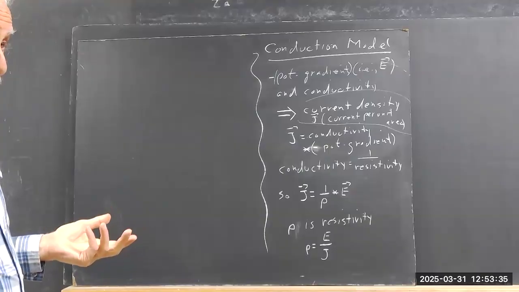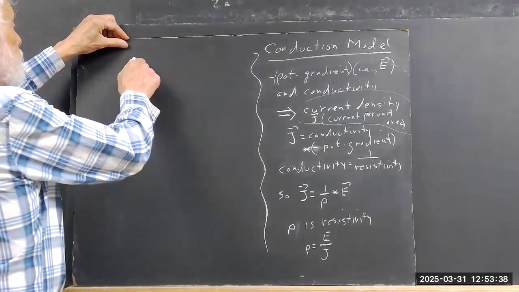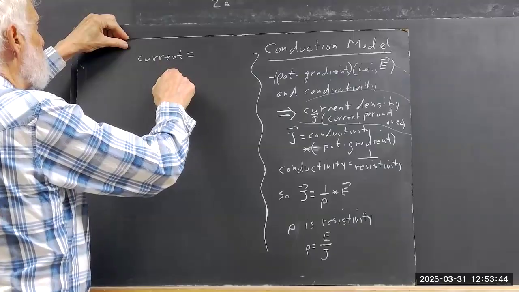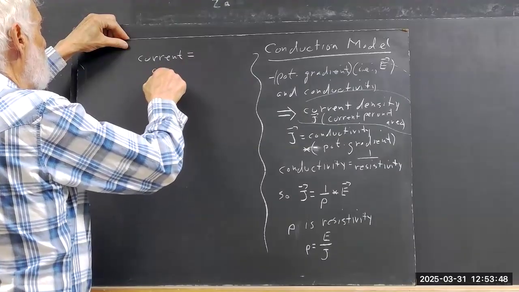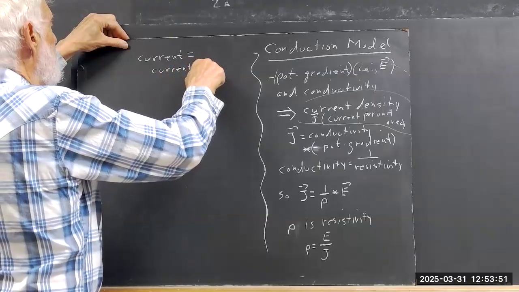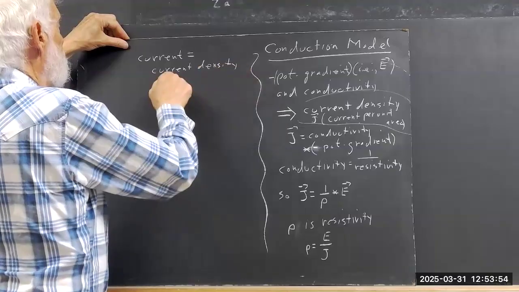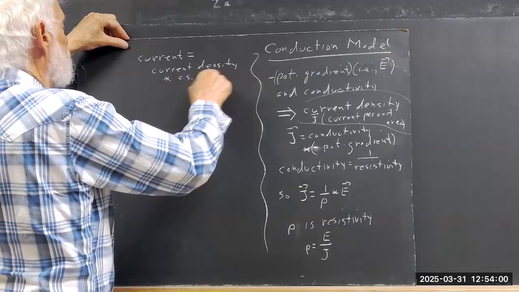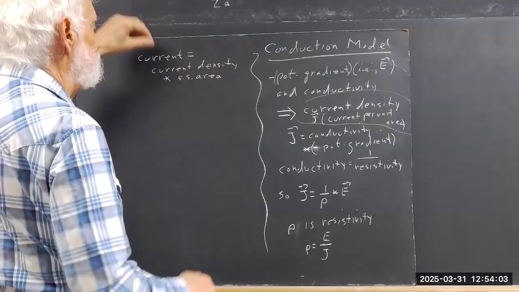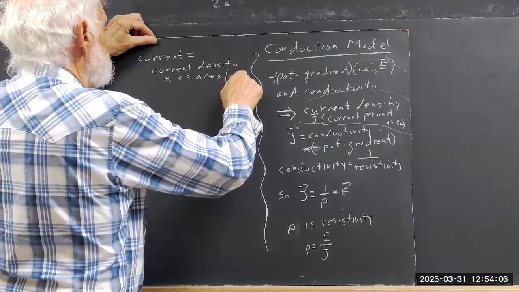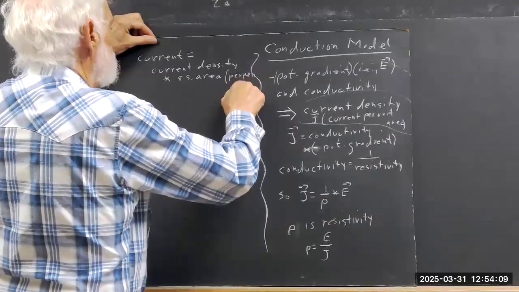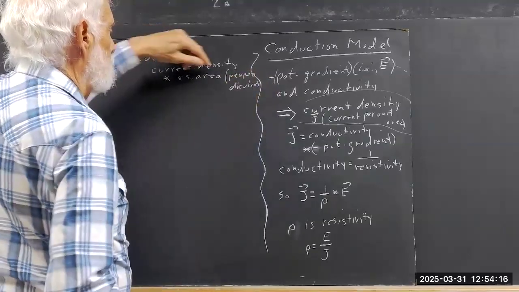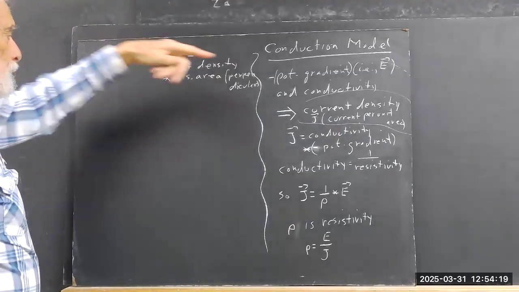You've got drift velocity. Well, first of all, current. Current is current density multiplied by cross-sectional area, but it's the cross-sectional area perpendicular to the direction of the current.